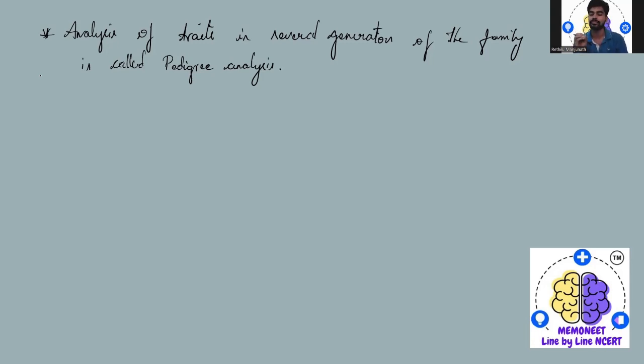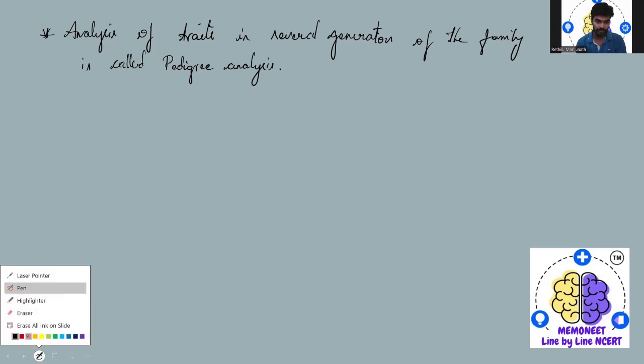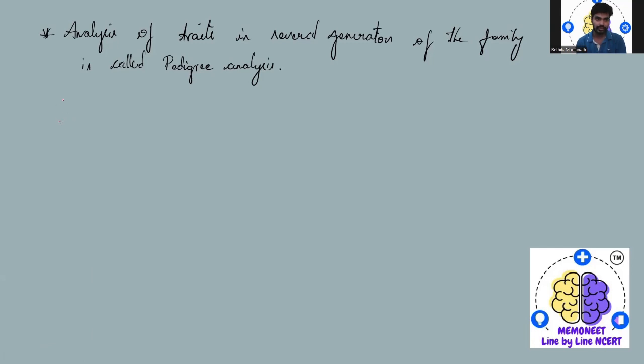So there are different symbols which can be used during pedigree analysis. I'll try to draw out the symbols. This symbol represents male, and this symbol represents female.